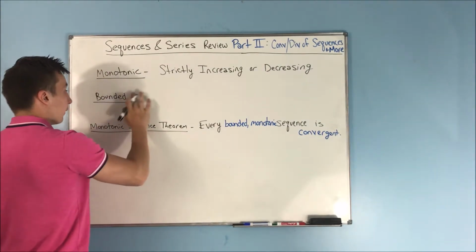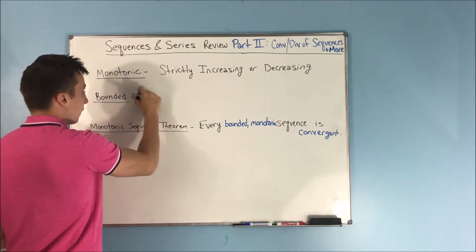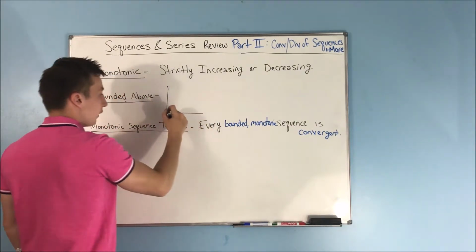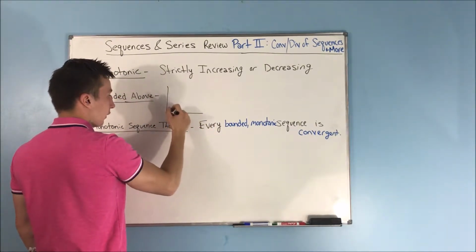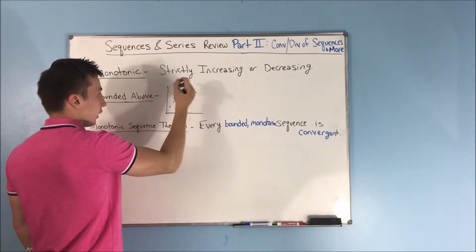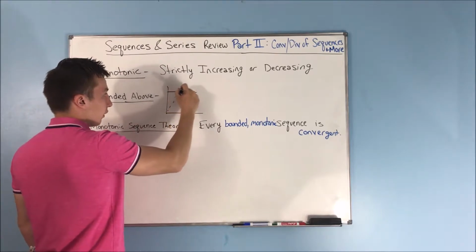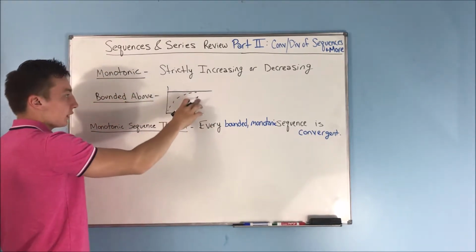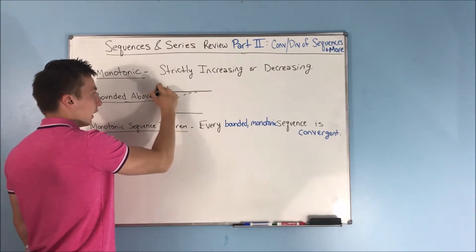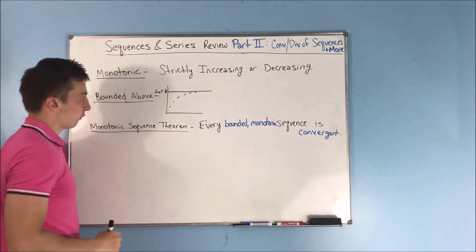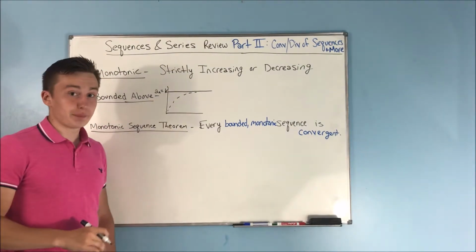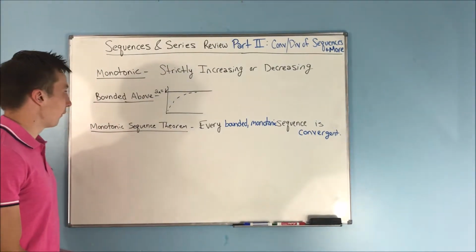Here's an example of a sequence being bounded above. Let's say we have something like this, and this sequence will never touch this line. Let's call it a sub n equals k. It will never touch that line. That means it's bounded above.